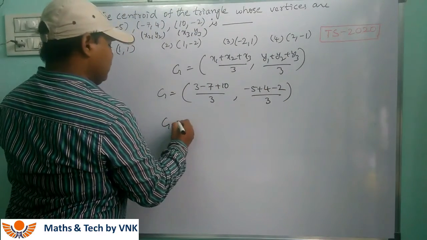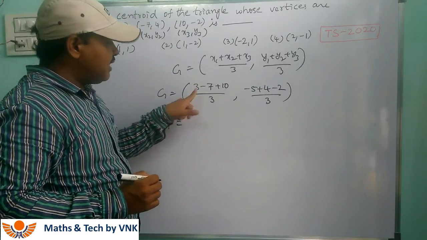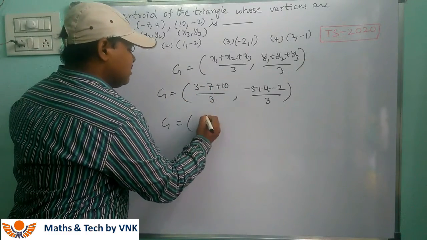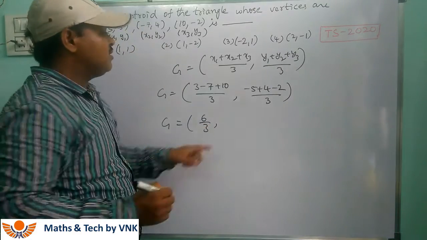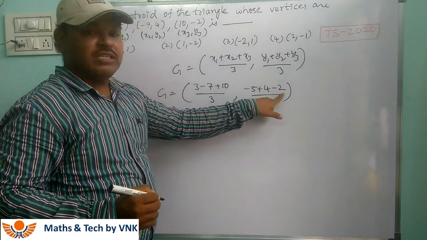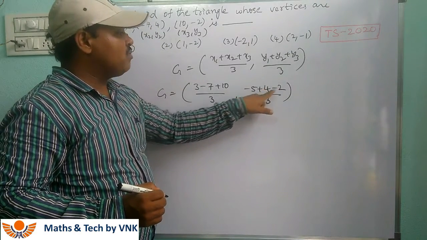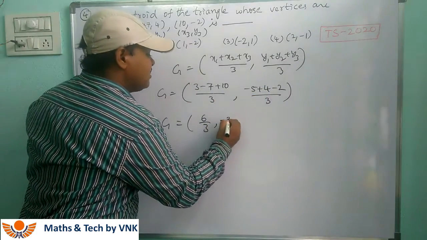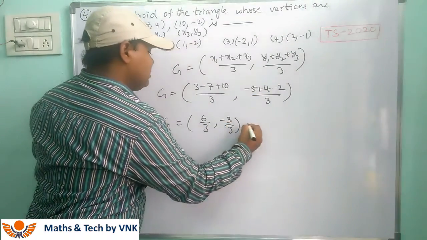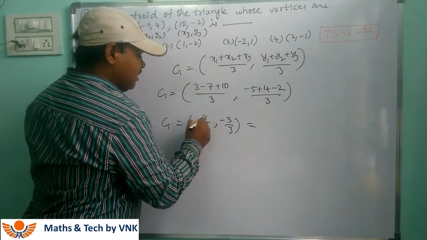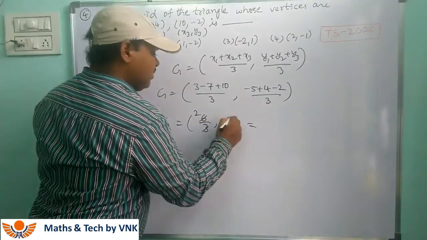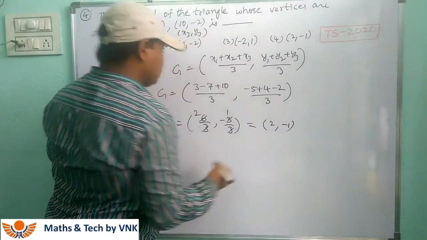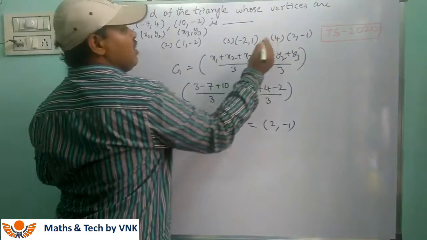Now G is equal to 10 plus 3 is 13 minus 7 is 6, so 6 divided by 3 comma minus 5 minus 2 is minus 7 plus 4, so minus 3 by 3, which is equal to 2 comma minus 1. So the centroid is 2 comma minus 1, the correct option is 4.